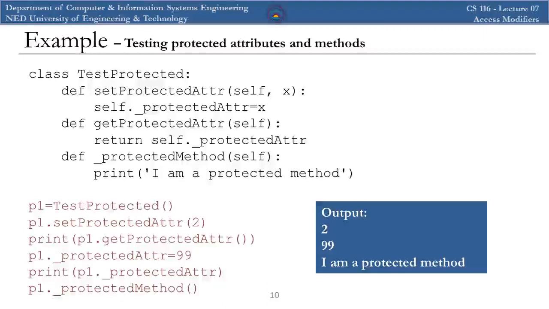So this means that the protected access specifier can only be implemented symbolically in Python. There is no way of enforcing this type of access in a Python program.